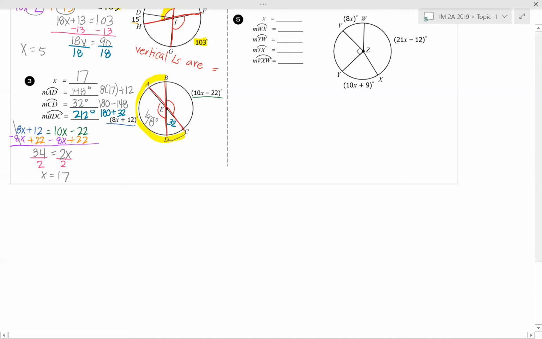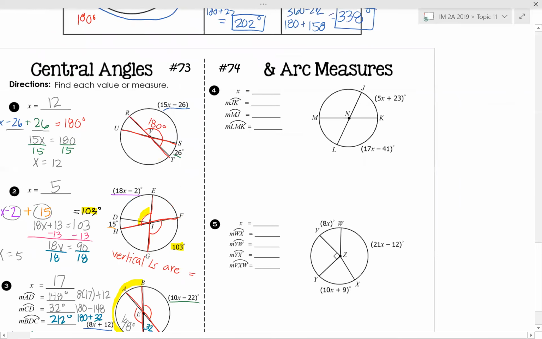Let's look at the last two, which just have more things going on. If I am given a problem, I always want to find diameters. J to L is a diameter, so I know that's a straight line, and M to K is a diameter. That's good because notice I know two things on one side of the diameter.